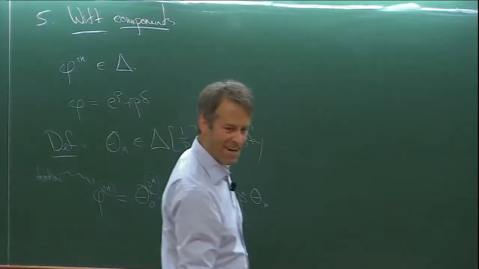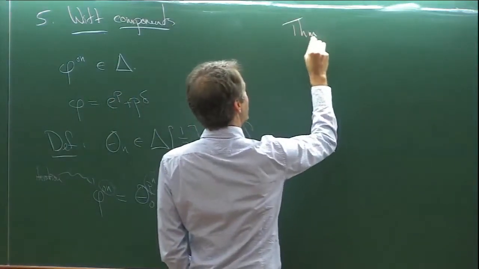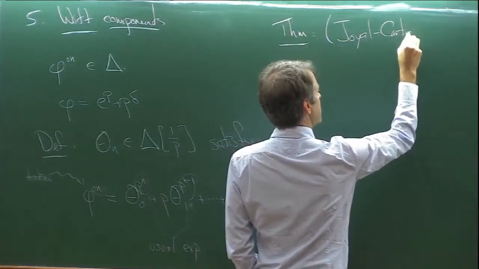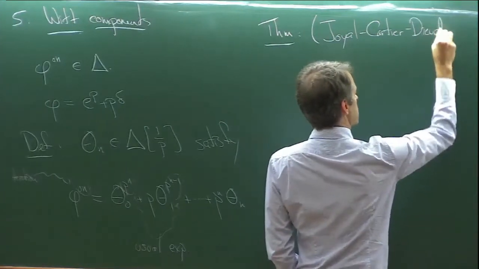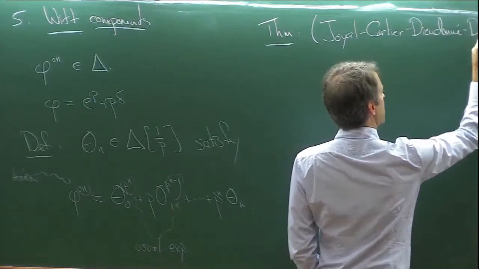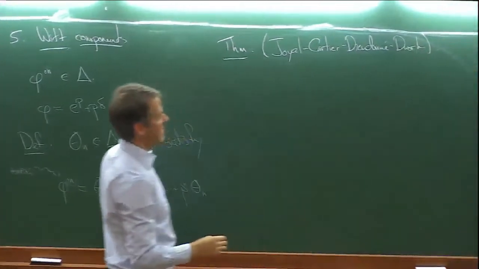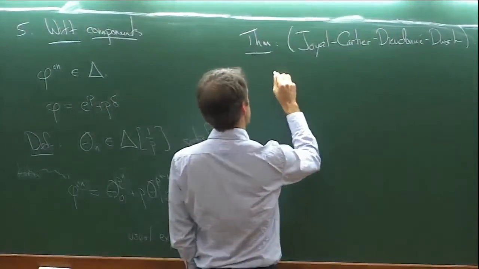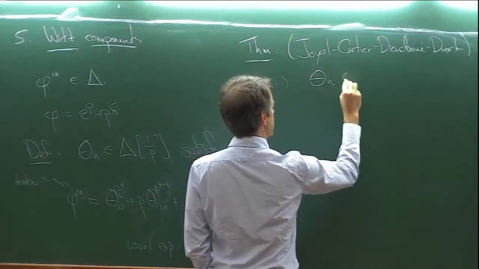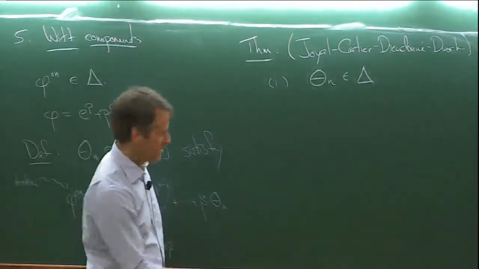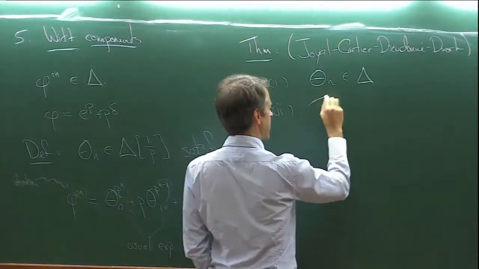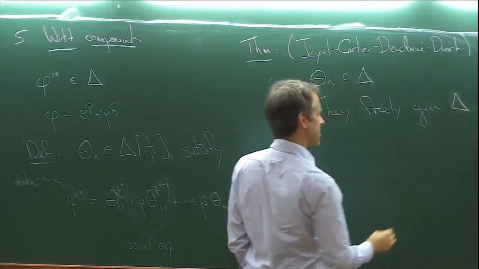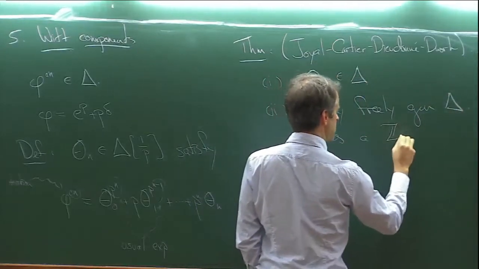So then the theorem, which is maybe due to Joyal. One is that all the theta n's, in fact, have integral coefficients. And two, they freely generate delta as a Z algebra, as a ring.